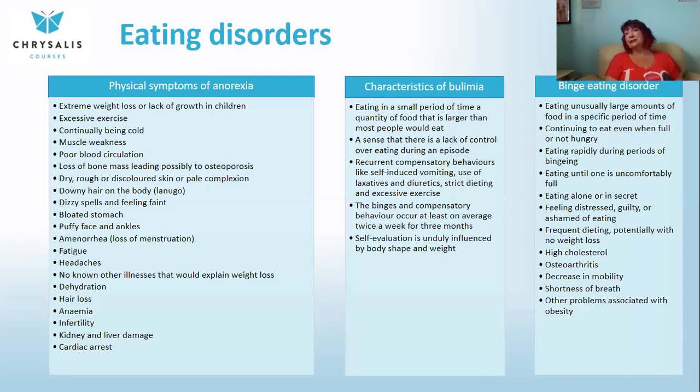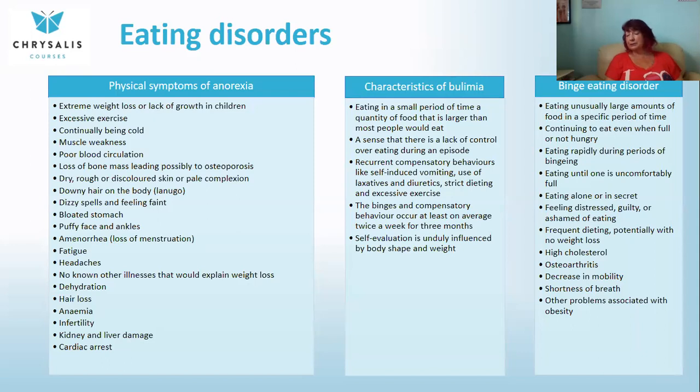So a person with anorexia can restrict the amount of calories they're taking to the point that they lose weight rapidly and become dangerously underweight. They won't see it like that. They'll usually have body dysmorphia and see themselves as bigger than they are. They'll consider themselves overweight no matter what they weigh. And they'll often exercise excessively as well.